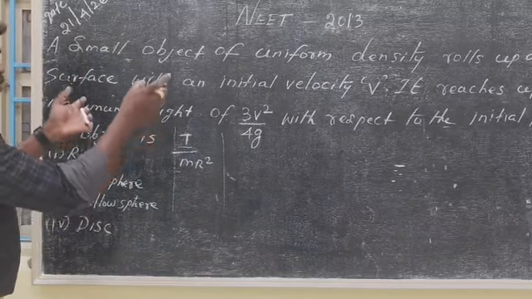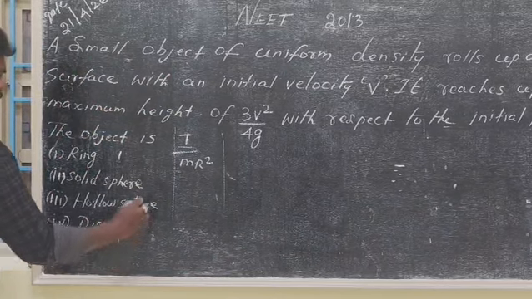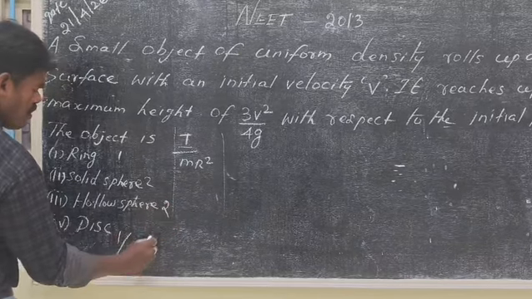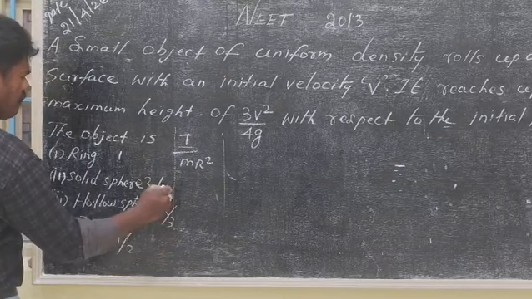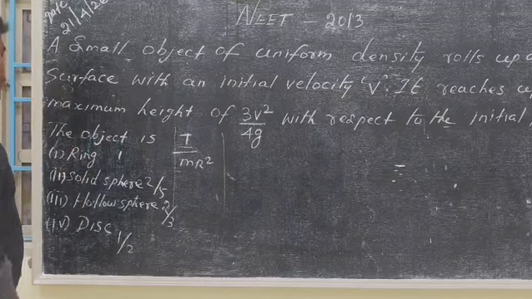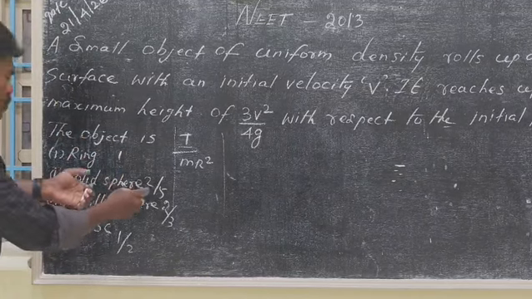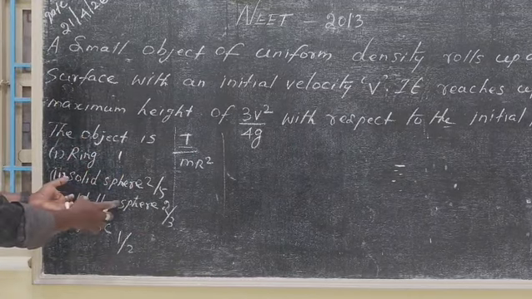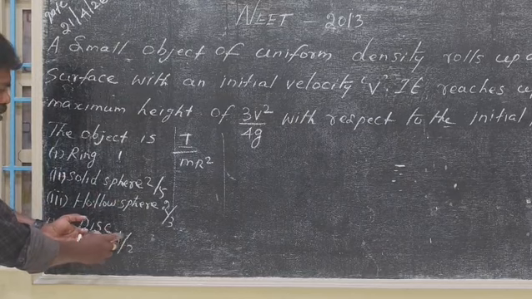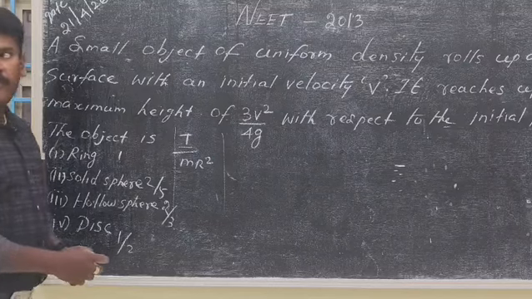When you work this out, if your answer is 1, that object is a ring. If your answer is 2 by 5, it is a solid sphere. If you get 2 by 3, the object is a hollow sphere. If your answer is 1 by 2, that is a disc. This is how we can find it out.